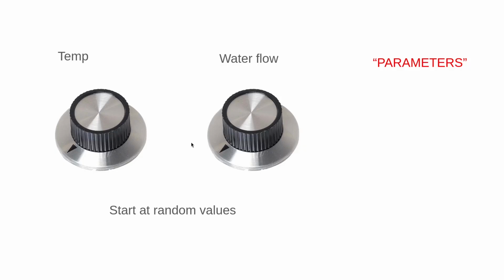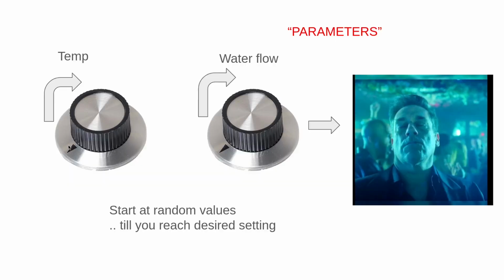Since we have two parameters, the PyTorch library starts with two random numbers for each parameter. Here, you have to remember that the goal is to reach an optimum setting for you to take a shower. That's what PyTorch does. It keeps on changing these values continuously so that you can take a great shower. So now that you know about linear regression and how PyTorch really works, let's get started.